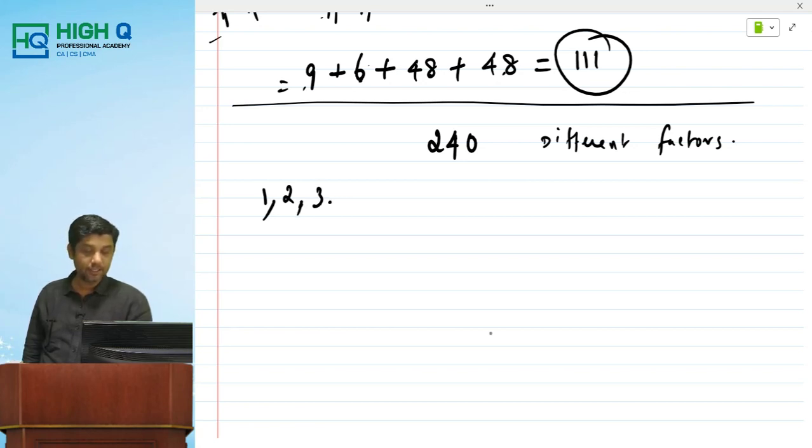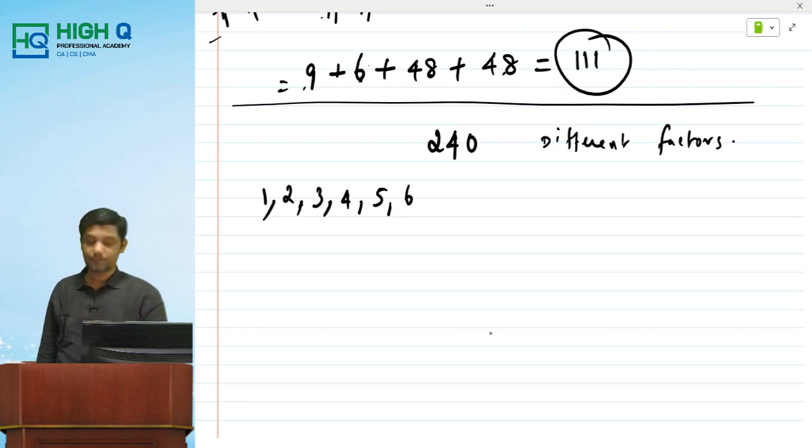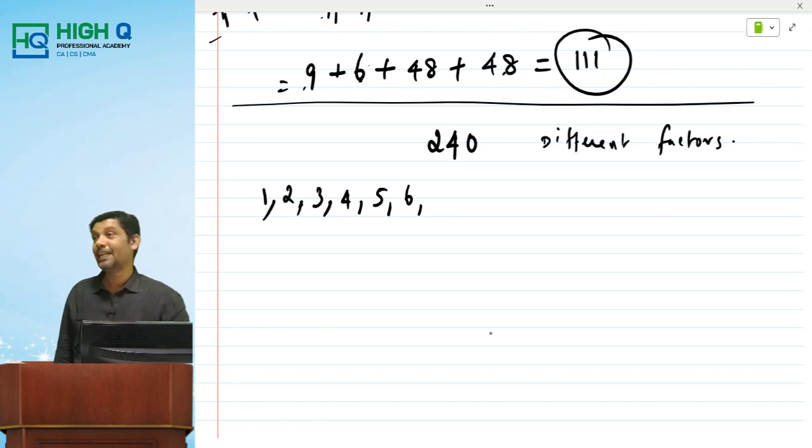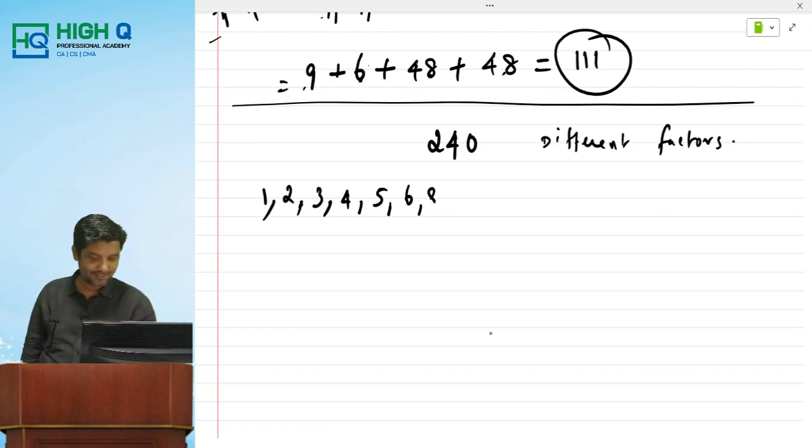Is 3 a factor? 4 is a factor? 5? No. 6? Yes. 7? 8? 8 15s are 120. 9?